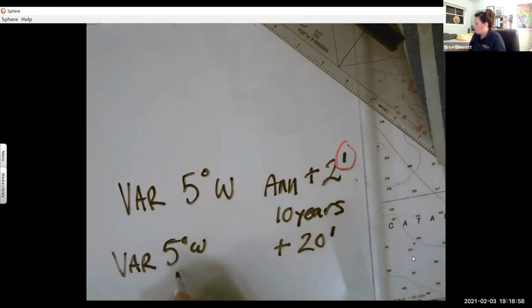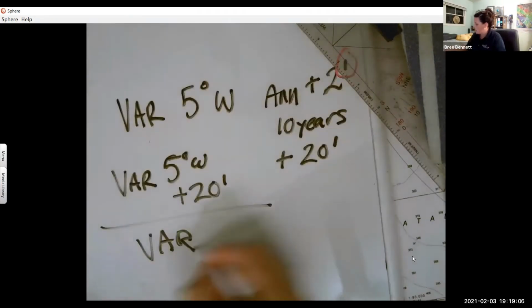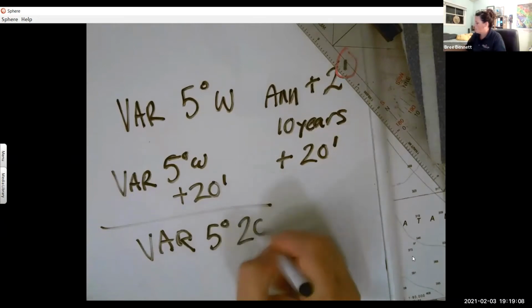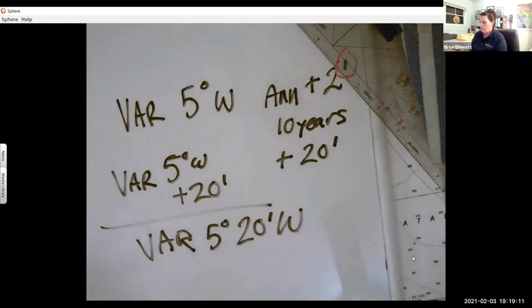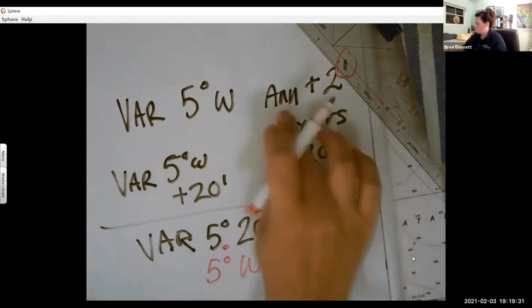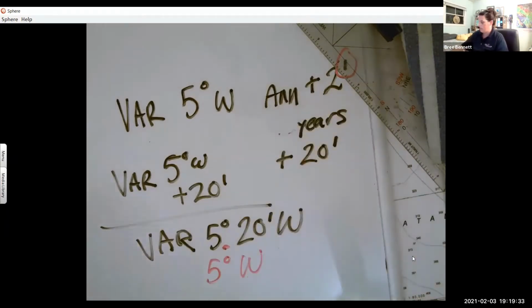So I will add my 20 minutes and I get a variation of 5 degrees, 20 minutes west. But we are going to use variation as a degree. So I'm going to round that to 5 degrees west. Now, let's say this was done 20 years ago.